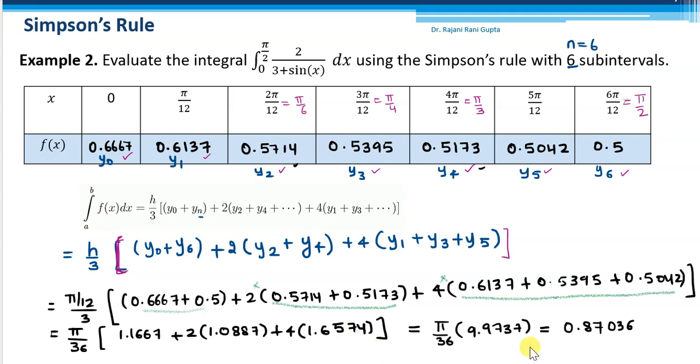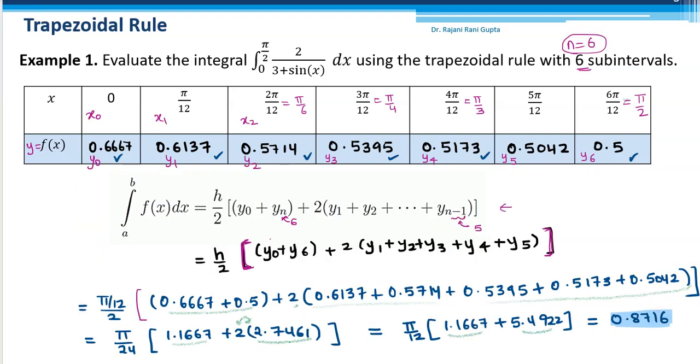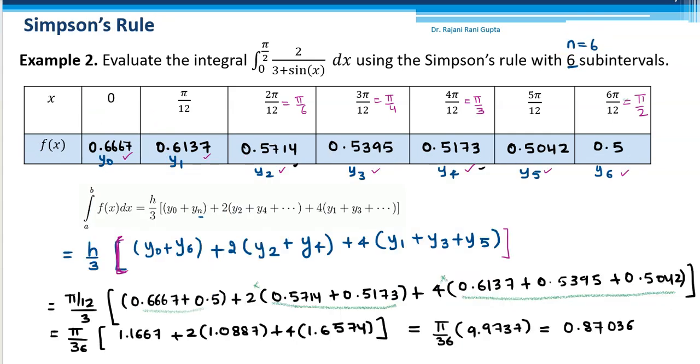So when you simplify, you will add all these numbers, multiply by 4, add these two numbers, multiply by 2, then add all this. So this gives you this sum and then you get your answer. You'll see that this rule is giving you a more accurate answer. So this is what you got, 0.8716 by the trapezoidal rule, and this is what you got by Simpson's rule.